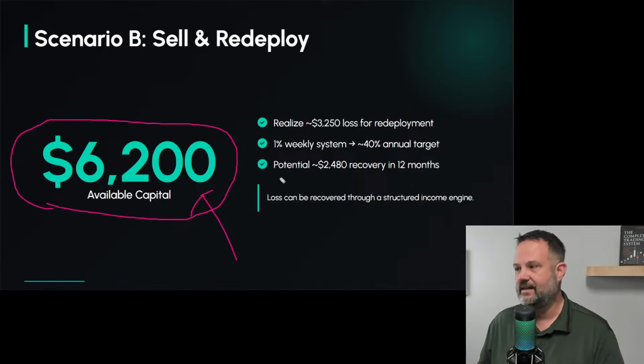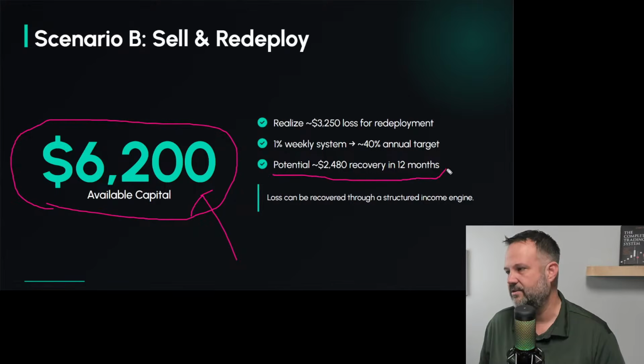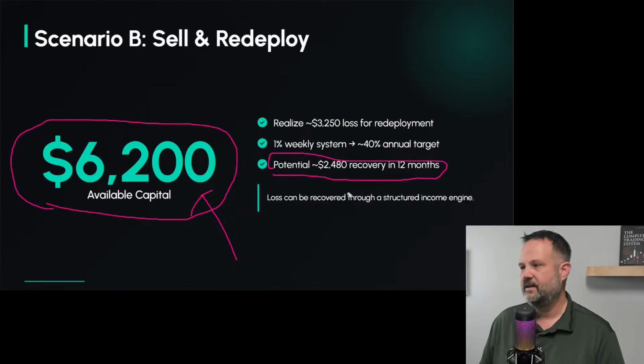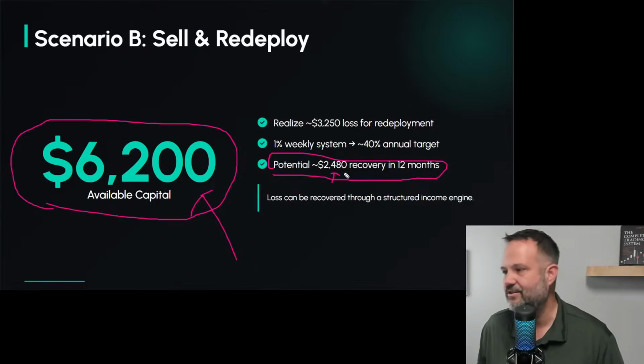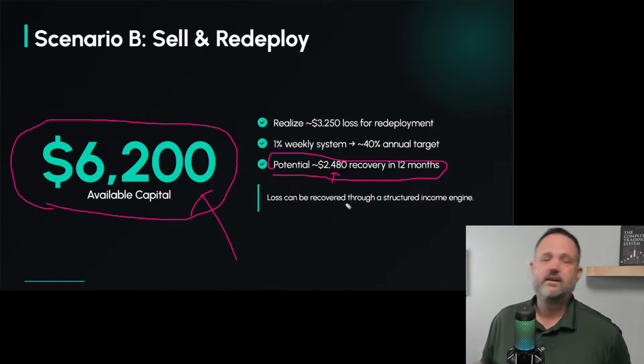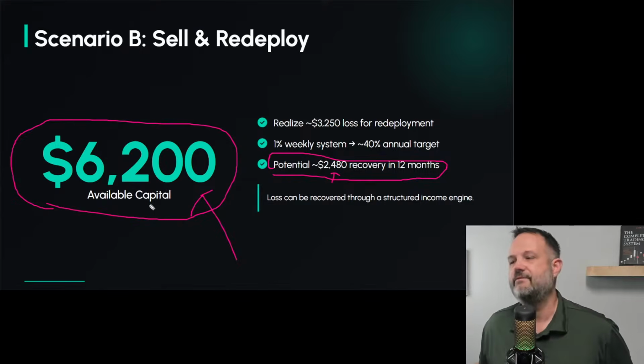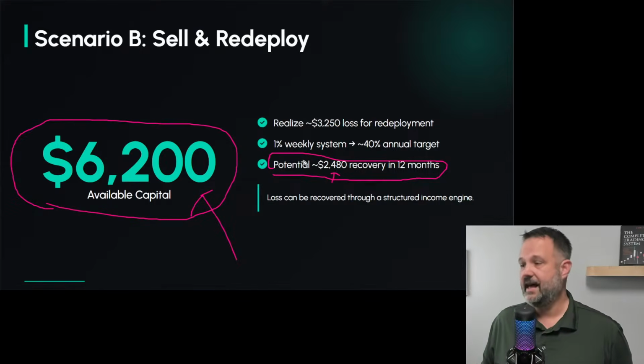If we deploy this capital, we could potentially make a $2,480 recovery in 12 months, just on average based on what we've done in the past with $6,200. That's not bad, because then it erases most of this.